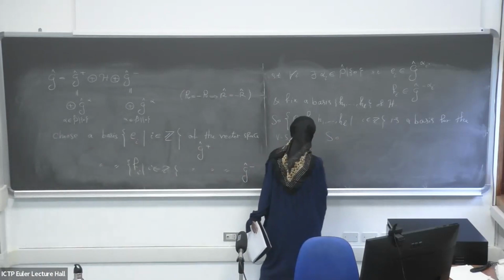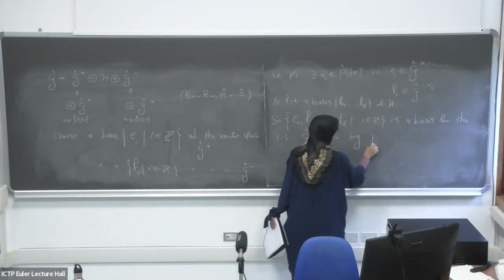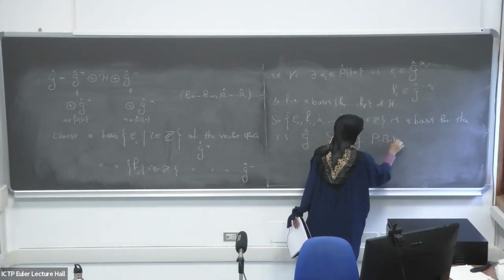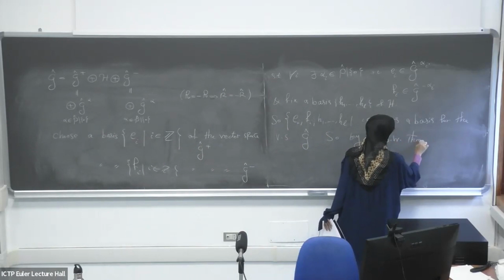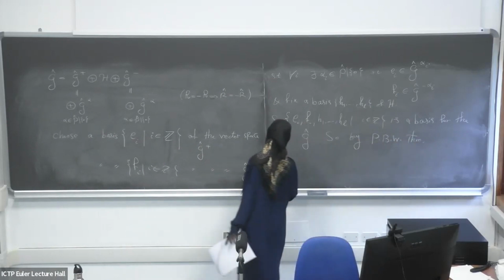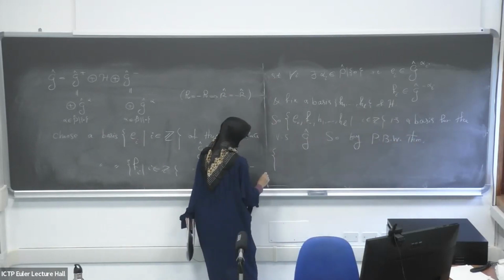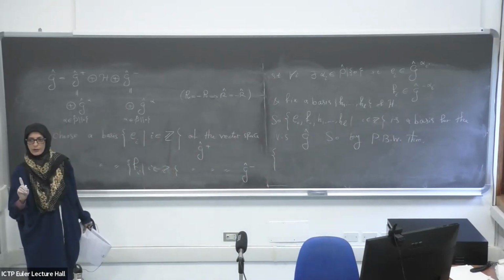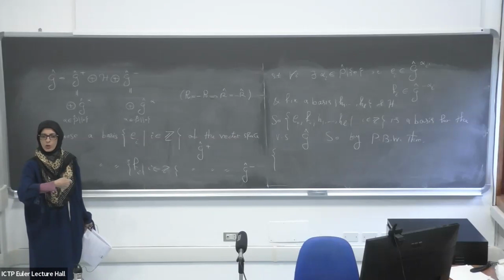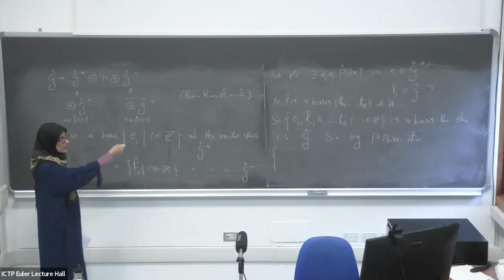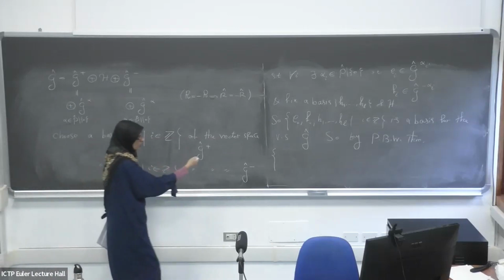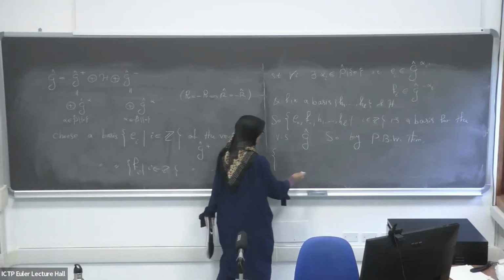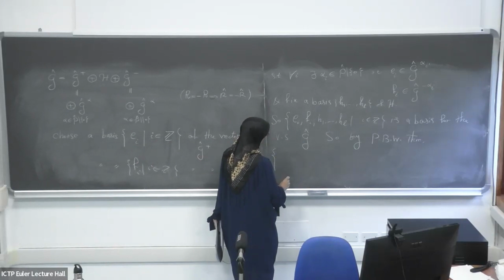So by PBW theorem, and you remember, when I want to talk about PBW theorem, I need a totally ordered set. So I need an order on these elements, and I choose the order in the way that you will see. Okay.